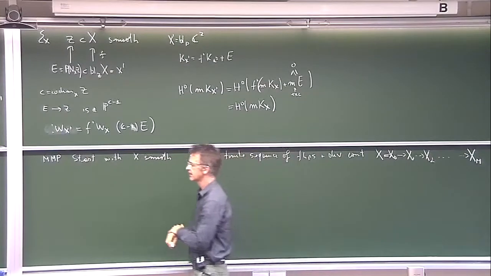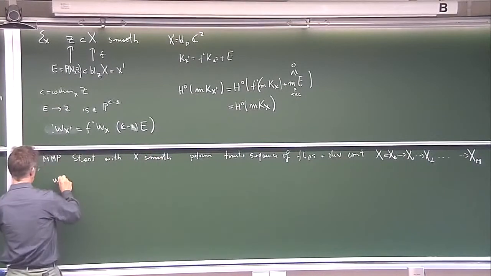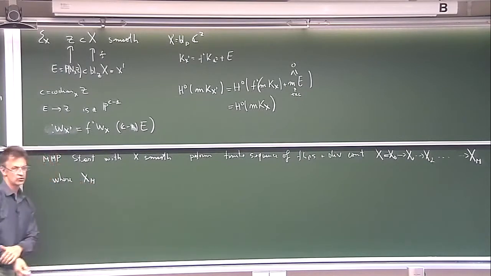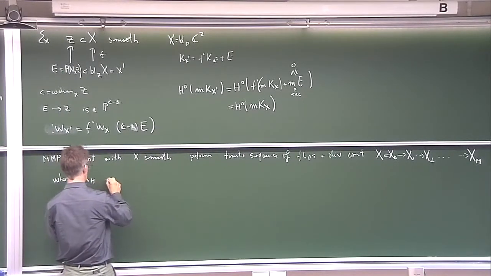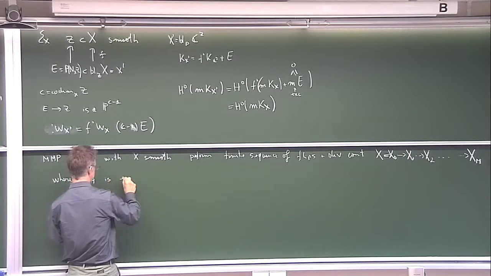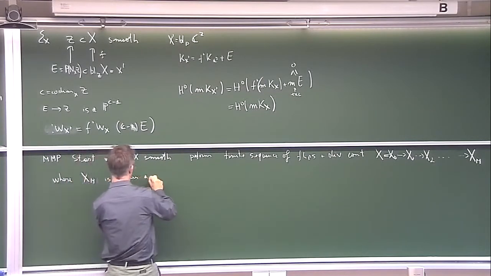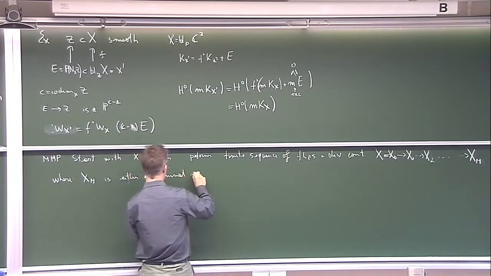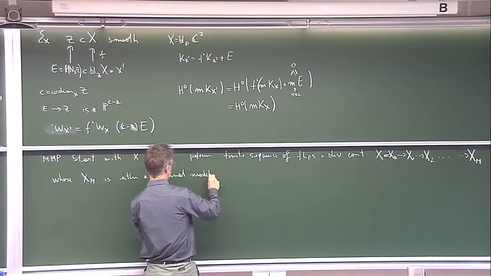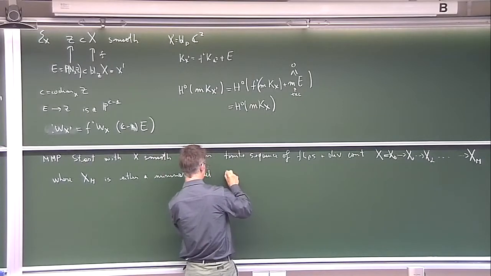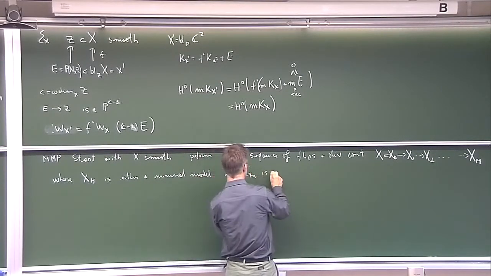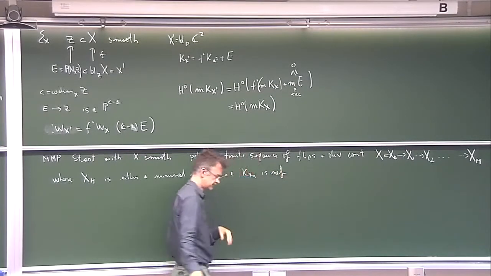And then we want the output, so there should be two possibilities for the output. The first possibility is a minimal model. So what does minimal model mean? That means that the canonical class is Nef.